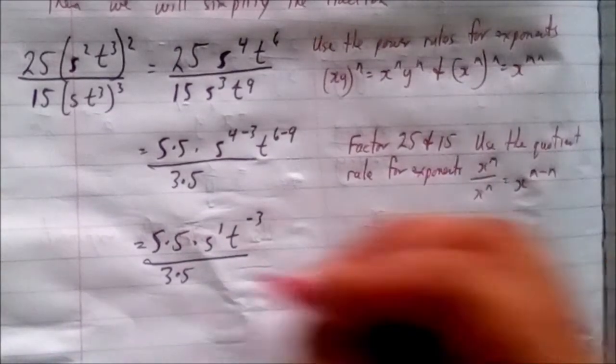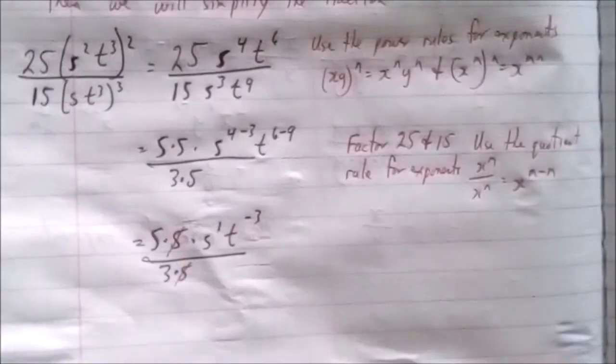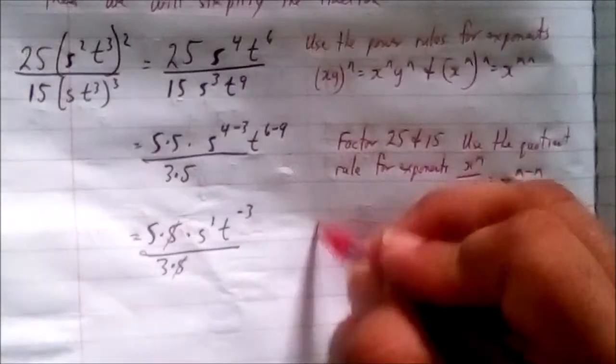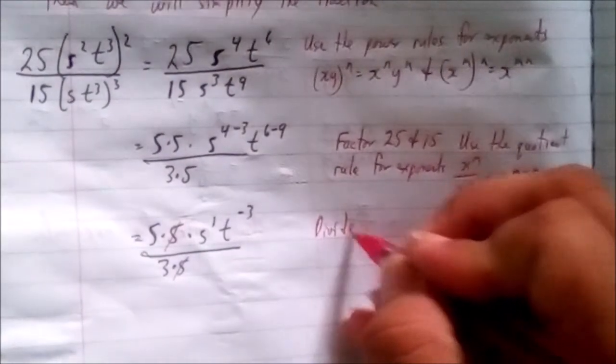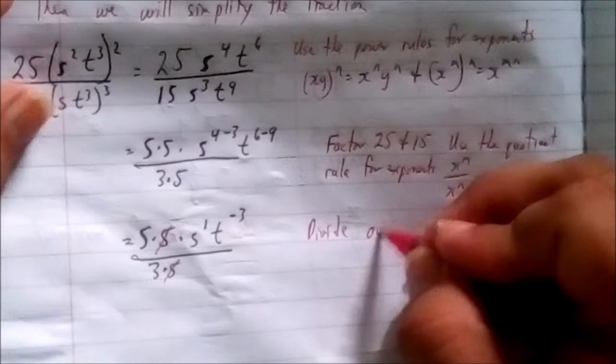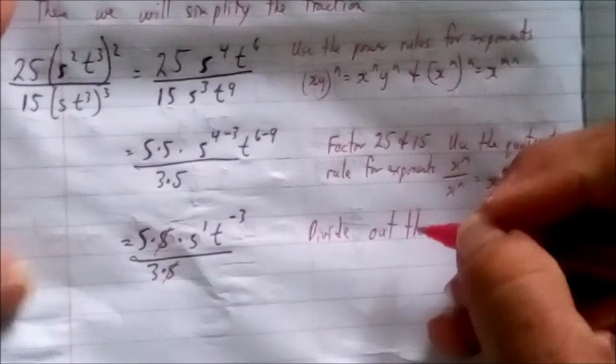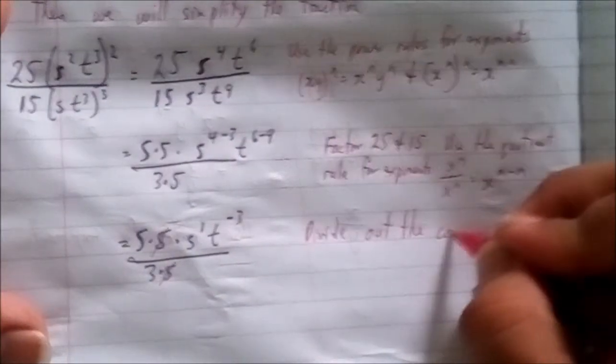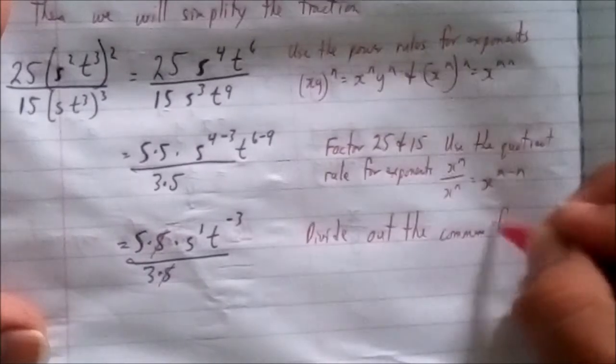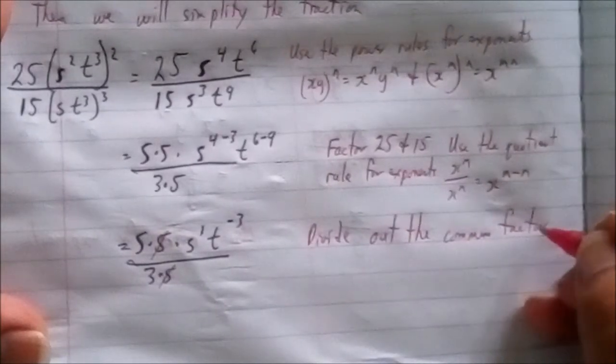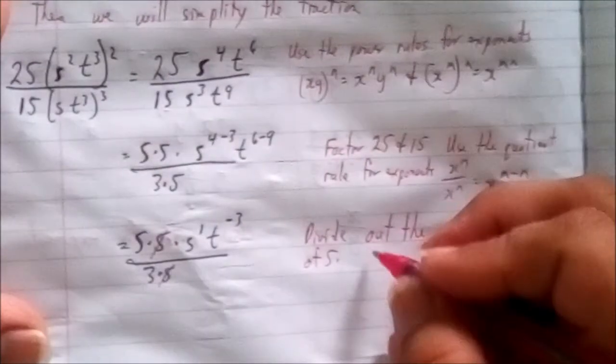So now we cancel out one of the 5s. And what did I do here? I divide out the common factors of 5. Perform the subtraction.